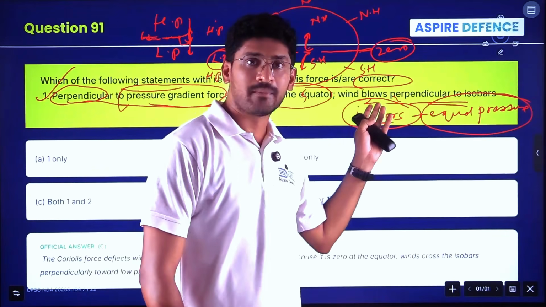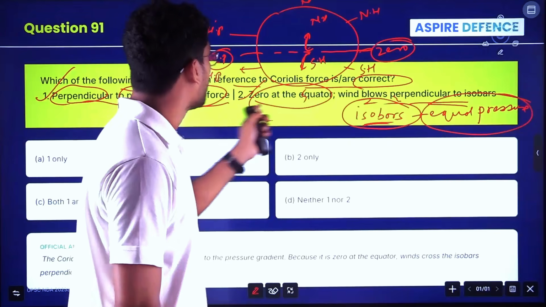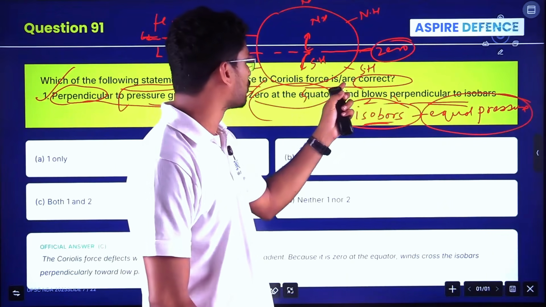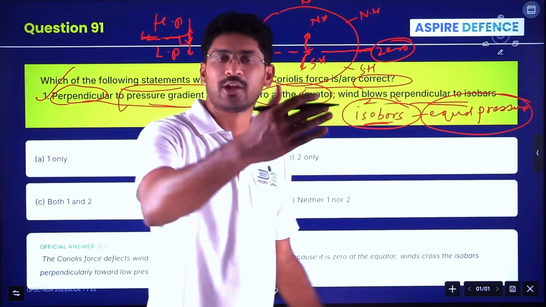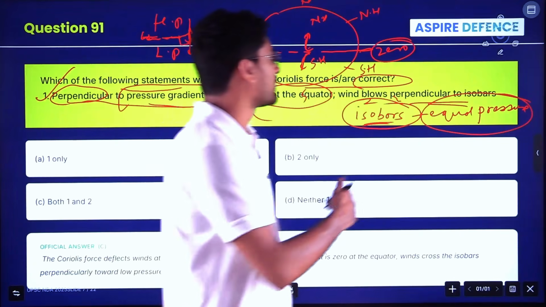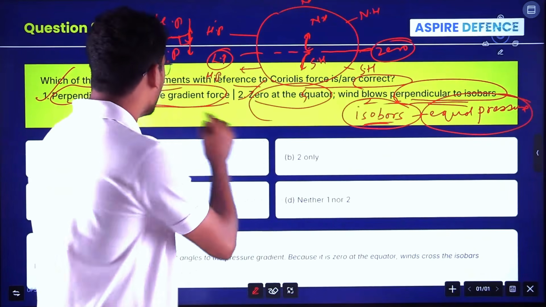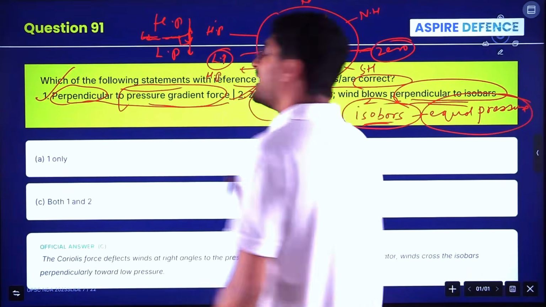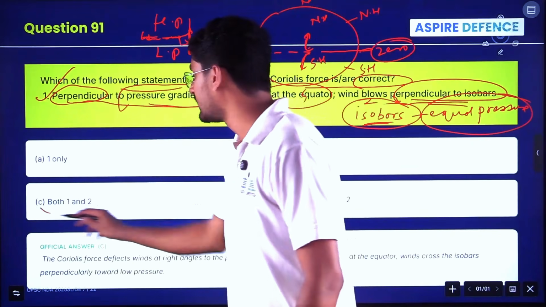If pressure is the same, those dotted lines are called isobars. It is zero at the equator, which I already told you about Coriolis force, and since it is zero, winds blow perpendicular to the isobars. So both statements 1 and 2 are prime characteristics of Coriolis force. Answer is 1 and 2.